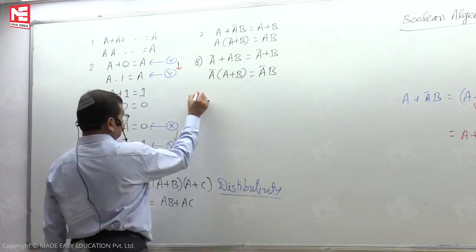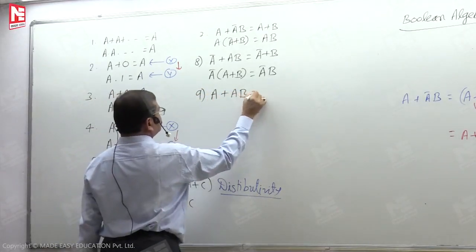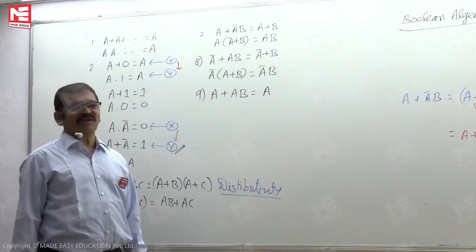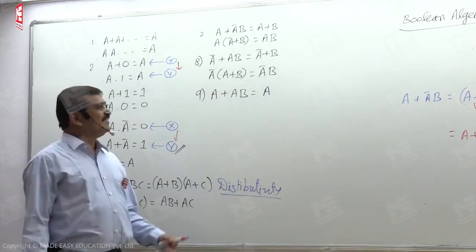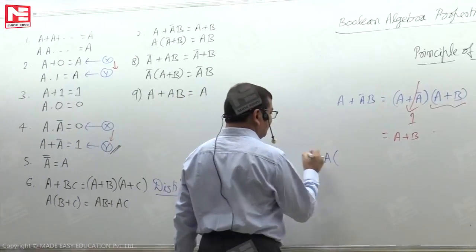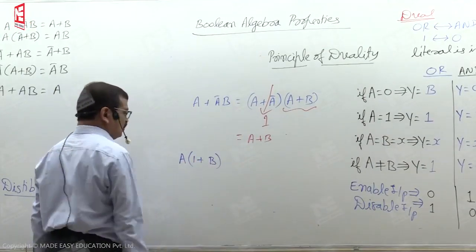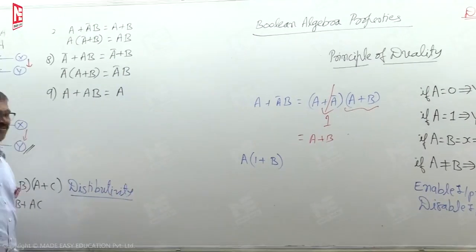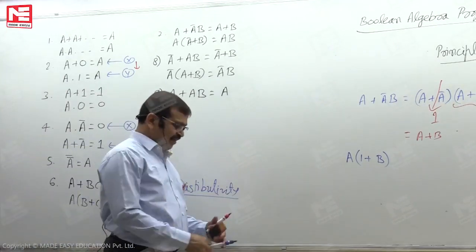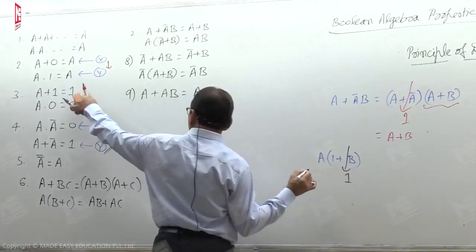And also we can list A or with AB is equal to A. To prove this result, we are not using distributivity here. A simple step: we take A as common among the two terms, so within the parenthesis, it is 1 or B. While taking A as common, within the parenthesis, it is 1 or B. From the third property, 1 or with anything is 1.